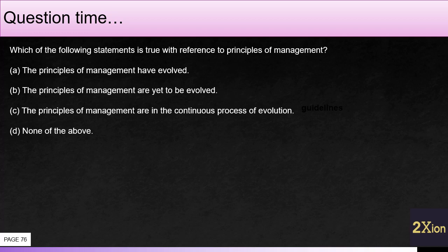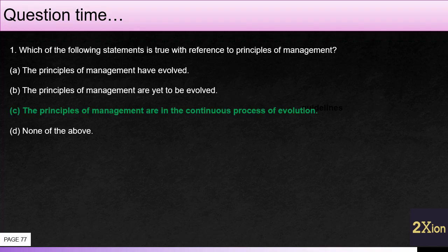D, none of the above. C is the right answer. The principles of management are in the continuous process of evolution because these principles have evolved over a long period of time with continuous practice and experimentation.